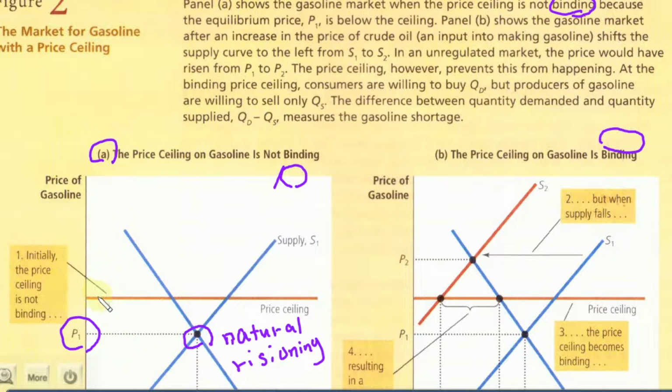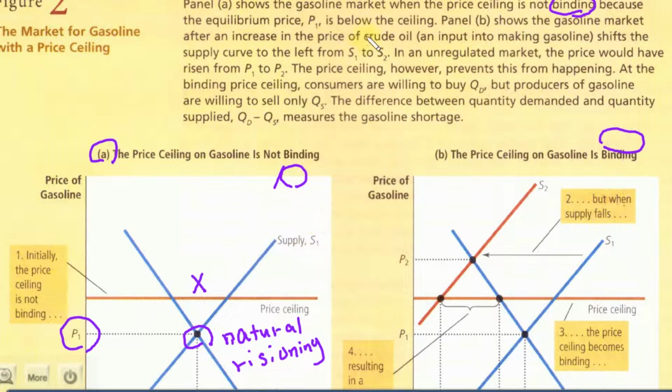In this case, even with a price ceiling, this ceiling price does not bind. Do not bind. Okay? So it's meaningless. This is meaningless.